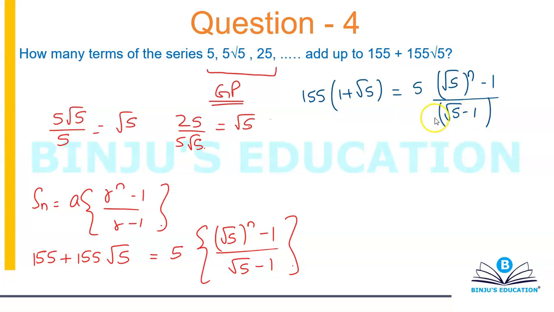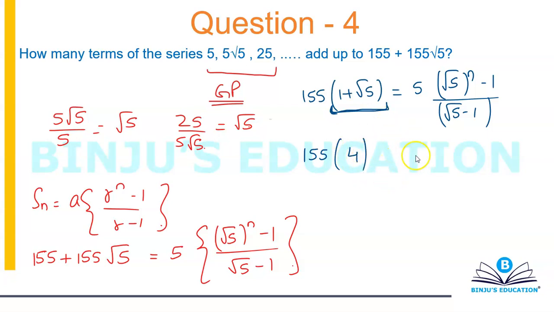And now I'm going to multiply both sides by root 5 minus 1. Multiplying 1 plus root 5 by root 5 minus 1 will convert into a plus b into a minus b, which is a square minus b square. So that's root 5 square minus 1 square, that's 5 minus 1, which is 4.